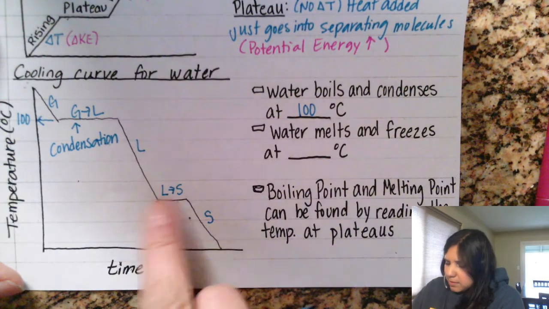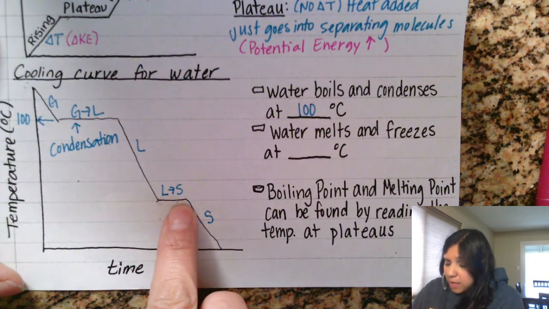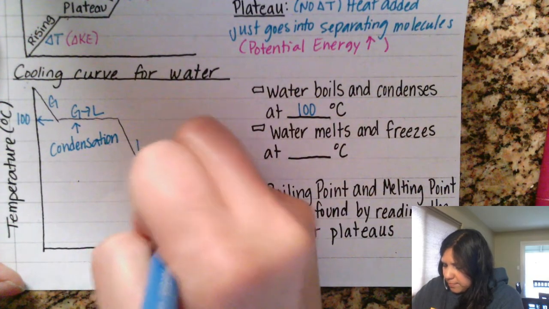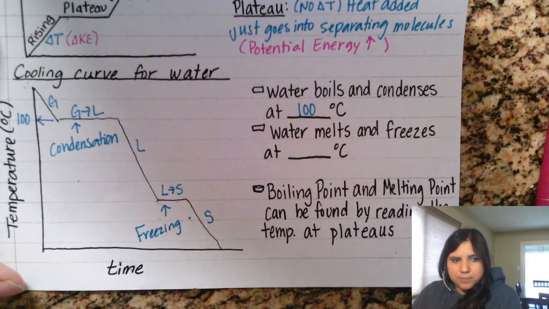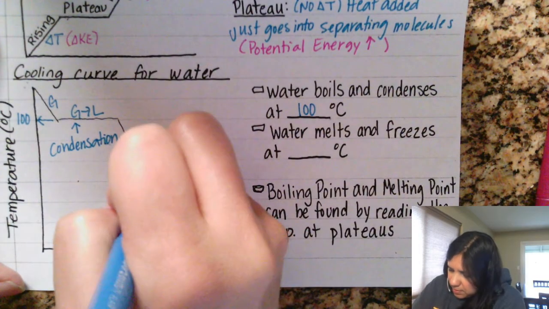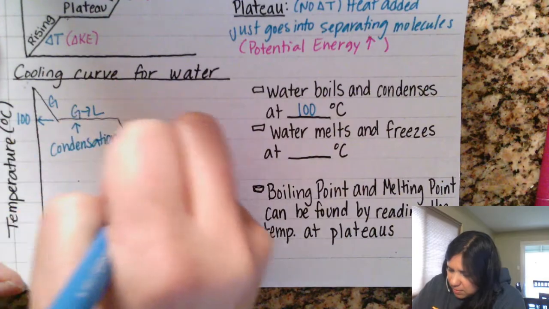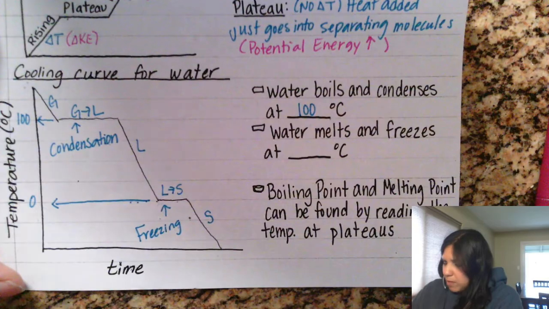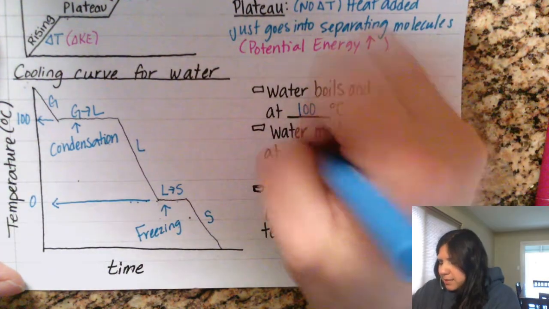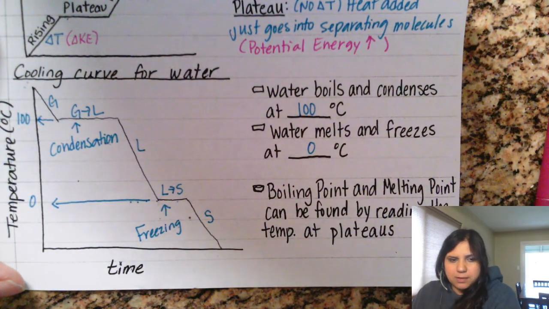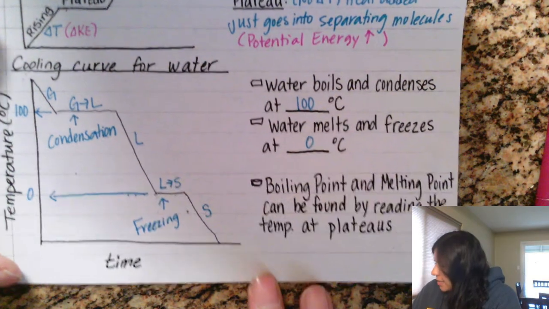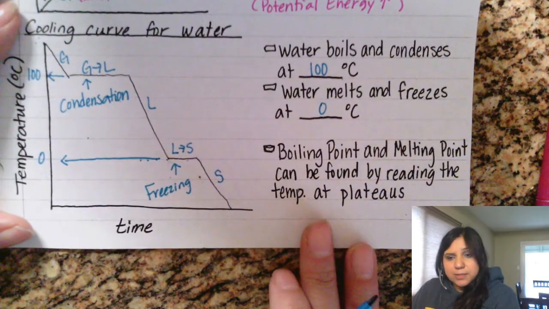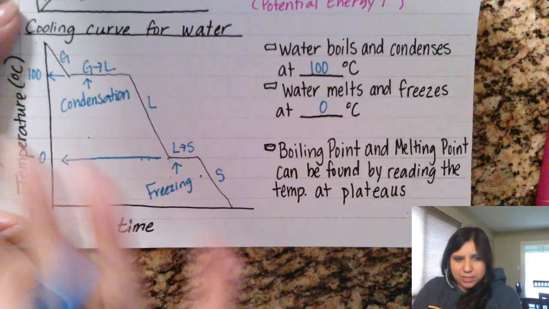Okay. This little line right here, that's liquid to solid, that's freezing. And freezing happens, we read this line here, our graph would say 0 degrees Celsius. And so water melts and it freezes at 0. If we had a different substance, we would read the boiling point and the melting point using this same looking graph.